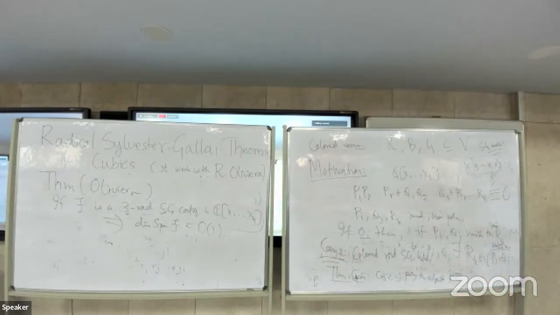So that is why, if we can prove a colored version of radical Sylvester-Gallai, then we will solve this problem. That's the motivation for considering these radical Sylvester-Gallai problems, other than the fact that it looks nice to me.